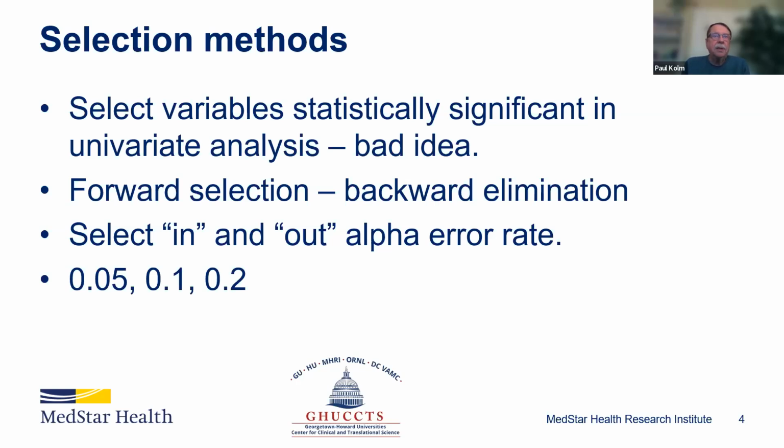A lot of times investigators use 0.1 or even sometimes 0.2, depending on the context. But basically what you're doing is you're selecting a variable to put in if the p-value for that variable is 0.05 or less, or if you're doing backward elimination, then if it's greater than 0.05, you take it out of the prediction equation.